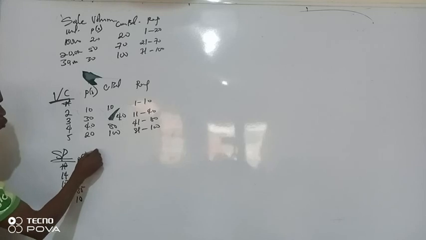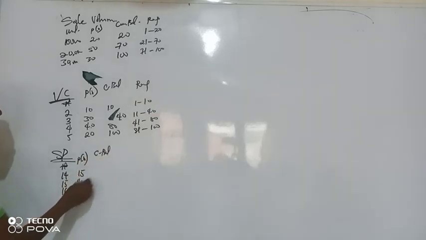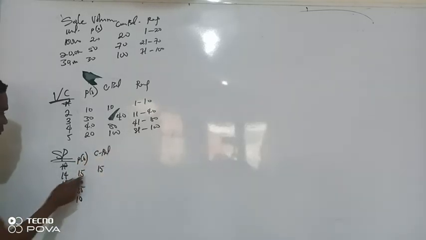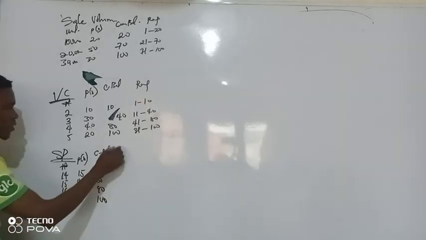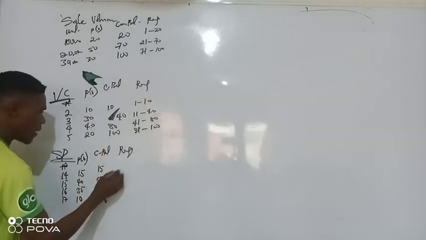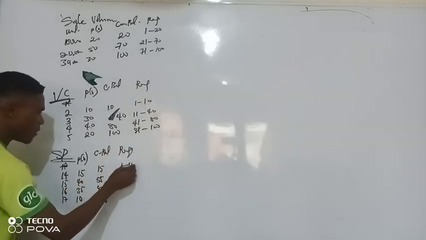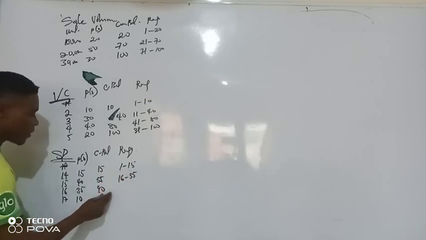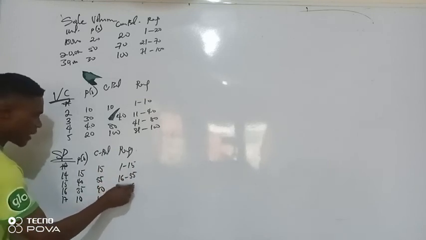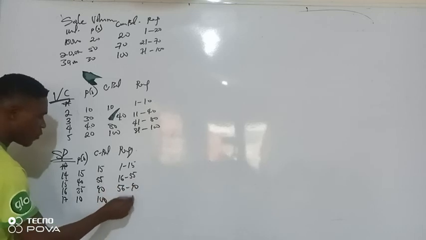Then our cumulative balance: 15 plus 40 is 55, plus 35 is 90, then 100. Our range is 1 to 15, 16 to 55, 56 to 90, then 91 to 100.